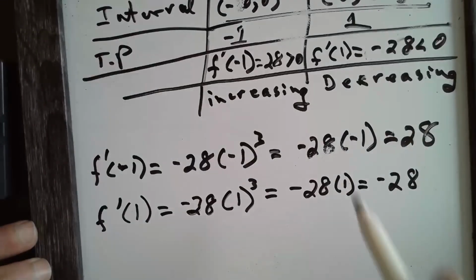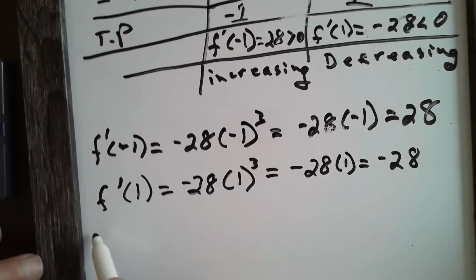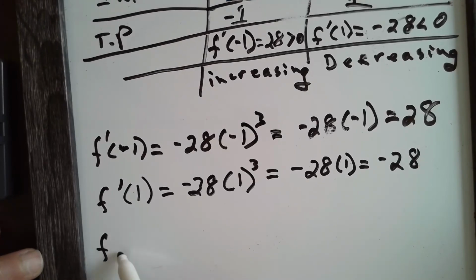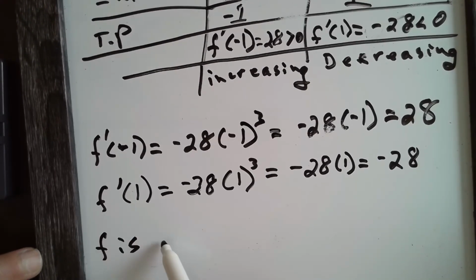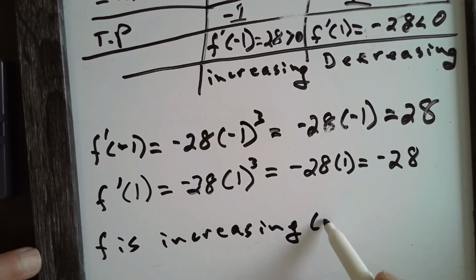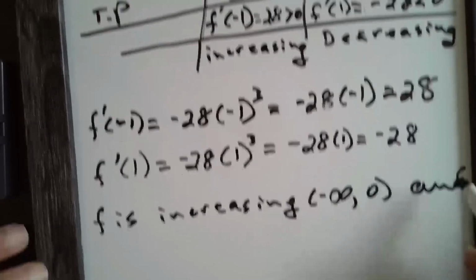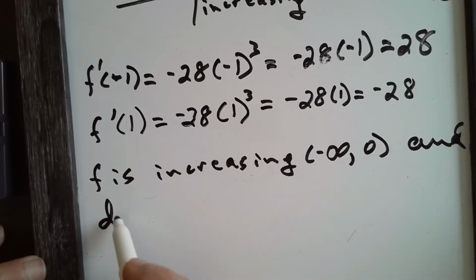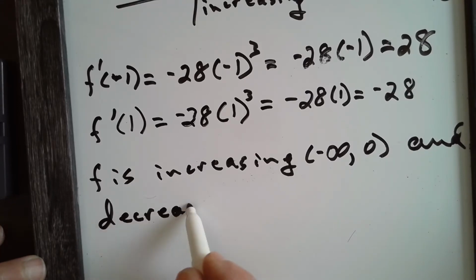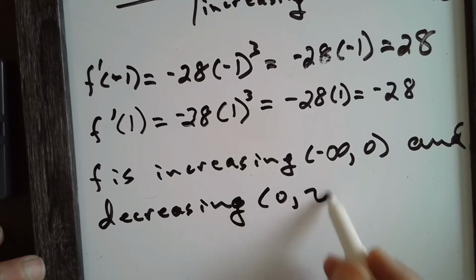So since it was increasing and then decreasing, we can say f is increasing on the interval from negative infinity to 0, and decreasing on the interval from 0 to infinity.